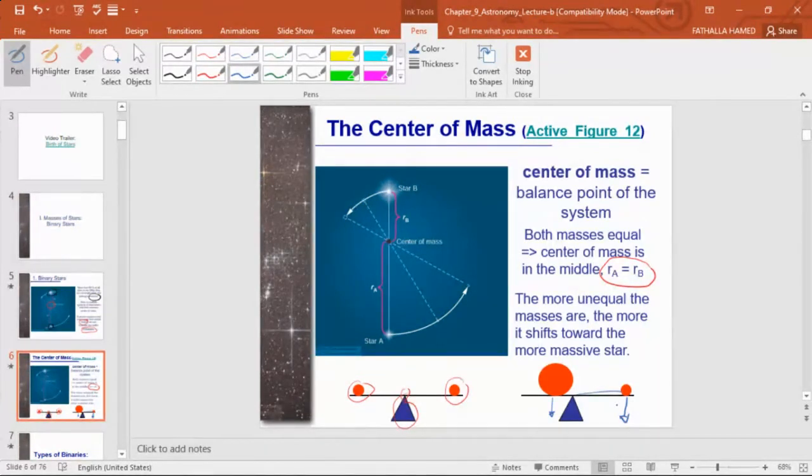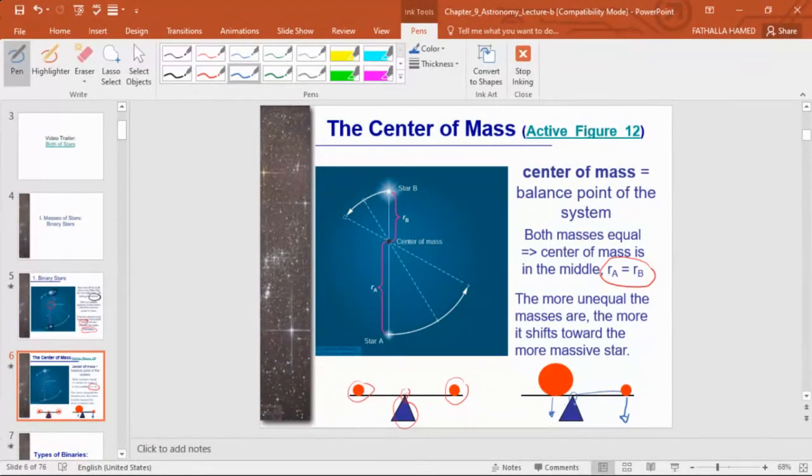So the force of gravity here multiplied by this distance is going to equal the force of gravity multiplied by this distance here. So with this torque, they basically can be balanced out. And in this case, we say that the center of the mass is closer to the bigger mass.